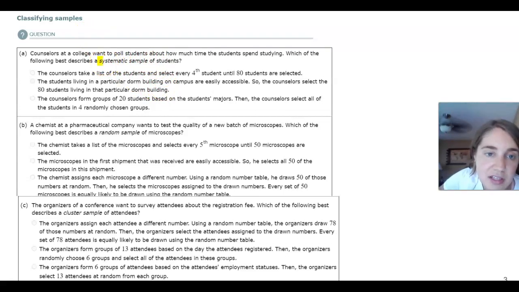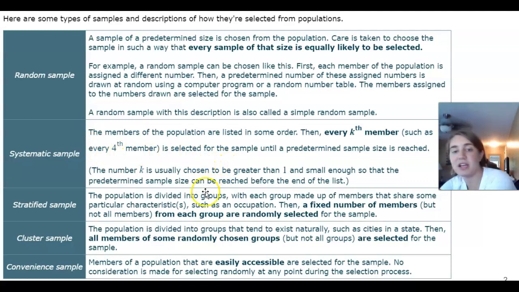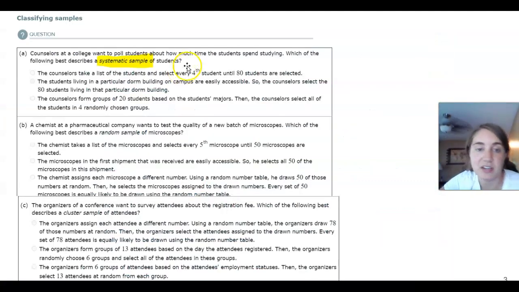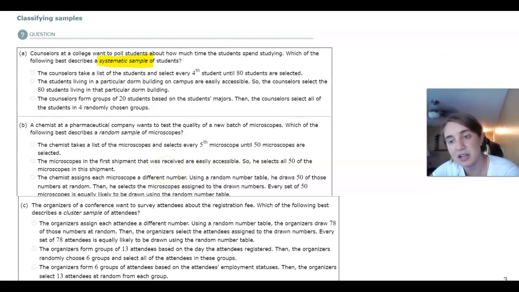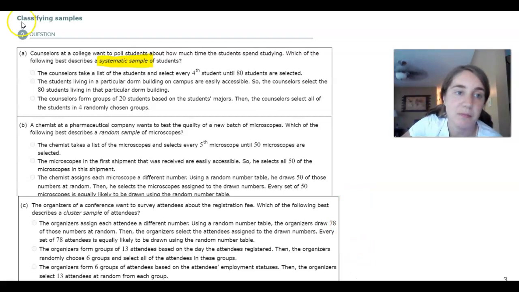Which of the following is a systematic sample? If we go back to the definition, systematic sample means that we sample every kth member until a predetermined sample size is selected. I'm going to let you read these and decide which one sounds like a predetermined sample size, like you're doing every X number until you get a certain amount.